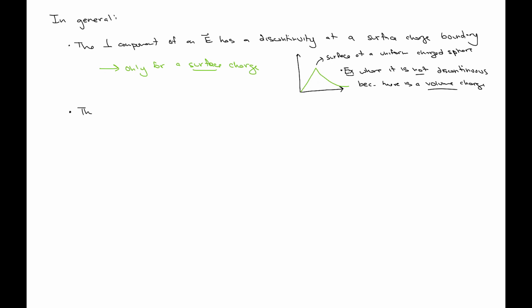In general, the parallel component, so this is parallel to the surface, of E is continuous. And if you're thinking about a conductor, it's actually 0. Okay? And the voltage or the potential is always continuous.